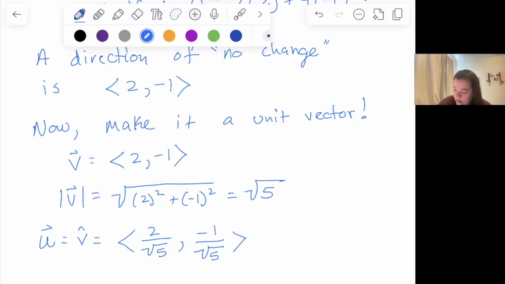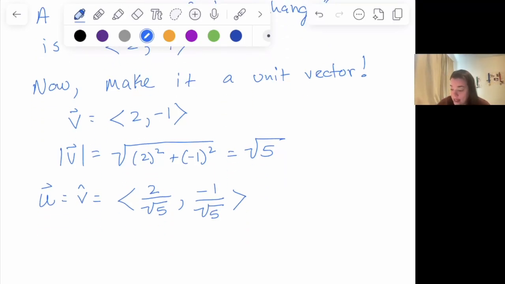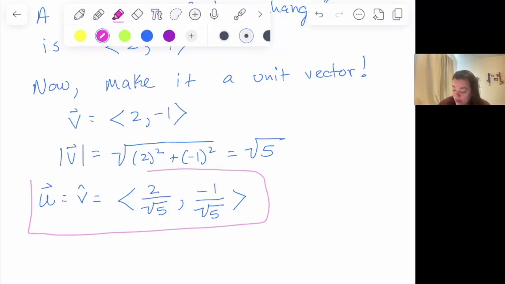So what did we find? Let's just summarize. This is the answer to the question, though. They asked you to find the unit vector, a unit vector that resulted in no change.